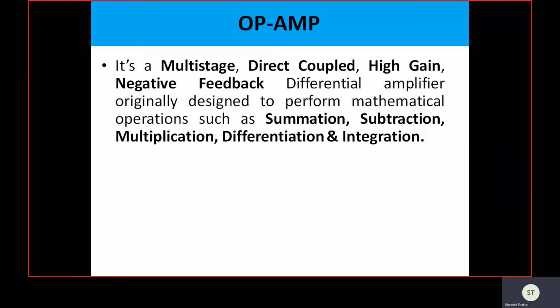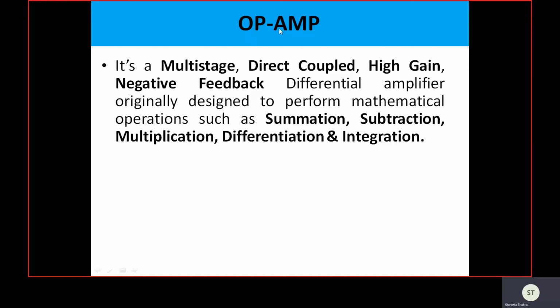So how do we define an operational amplifier? An operational amplifier is basically a multi-stage direct coupled high gain negative feedback differential amplifier. Multi-stage means various stages of amplification are used in the operational amplifier.